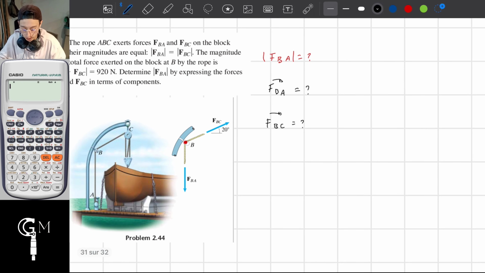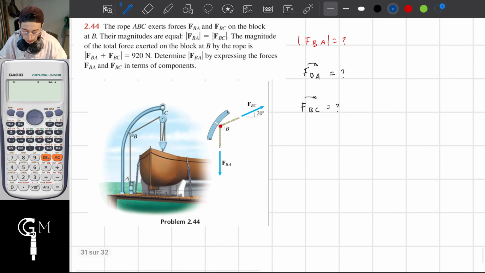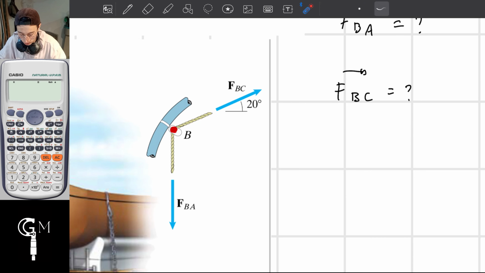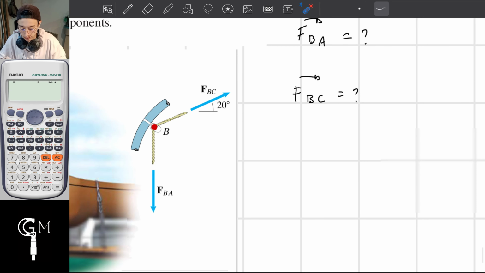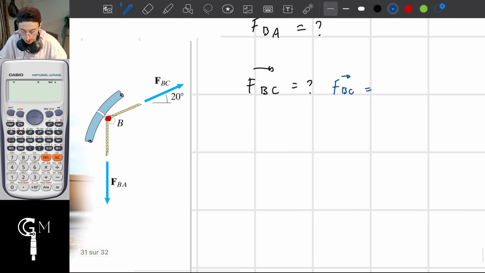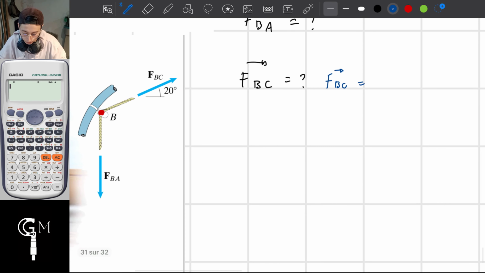So let's start with FBC. Basically we have this force which is pointing towards this direction, and it has a 20 degrees angle with respect to the x-axis or the horizontal line, which means that I can determine FBC as a vector by using the cosine and the sine of those 20 degrees.